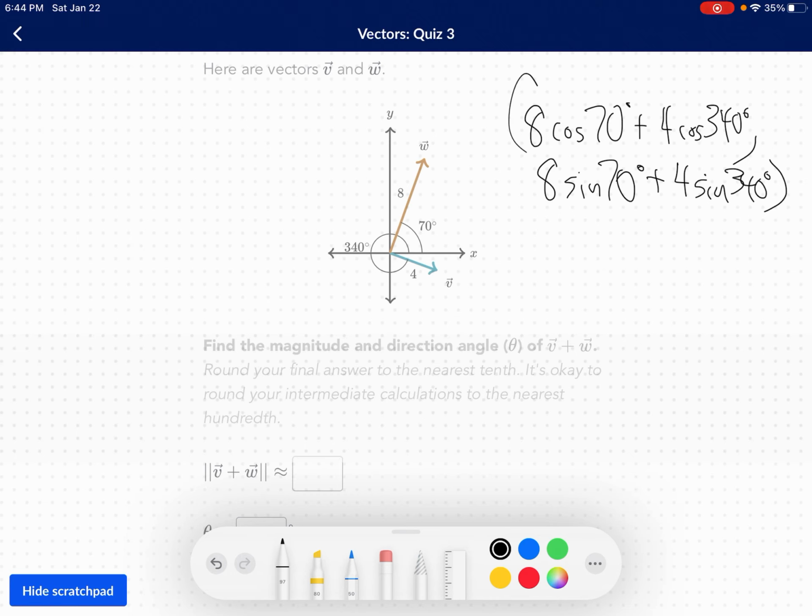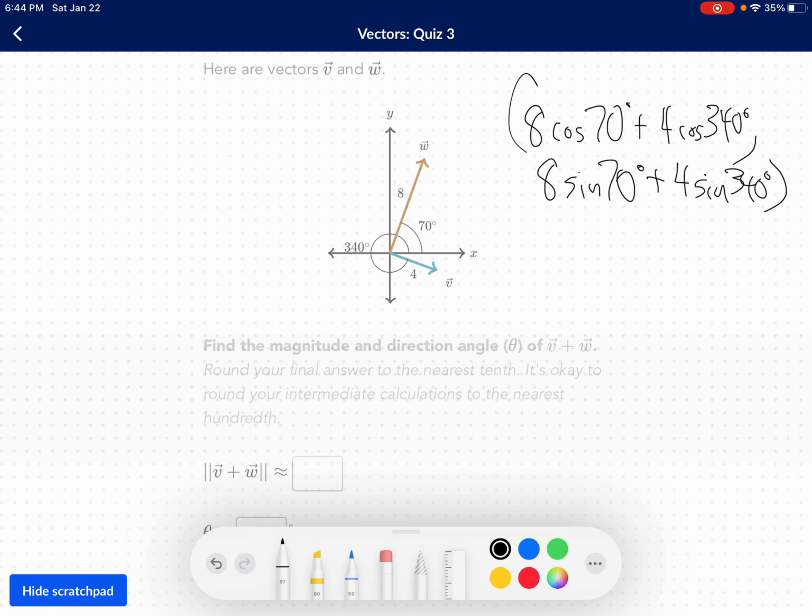It's in the first quadrant, so when I find the direction angle, I don't need to do anything with it. I'll find the magnitude first by squaring both values and taking the square root, and you get approximately 8.94.